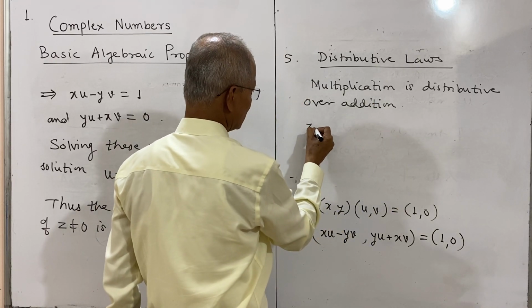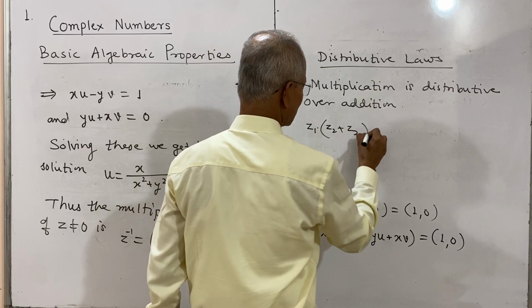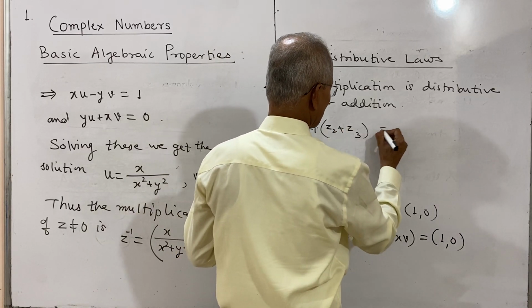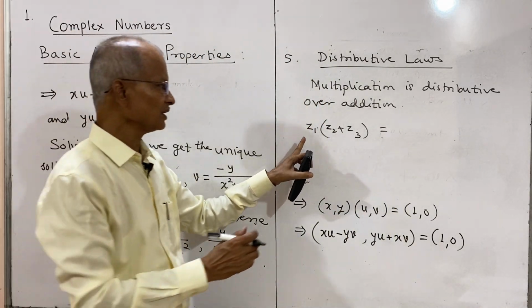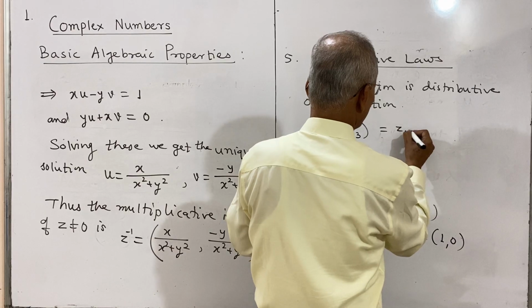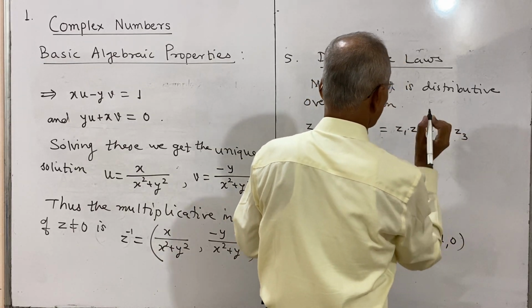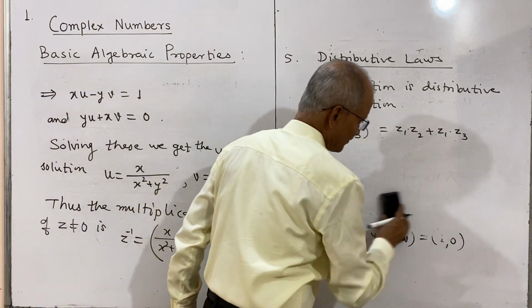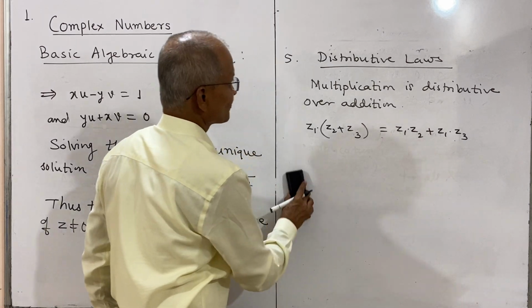That is z1 into bracket z2 plus z3 is equal to z1 into z2 plus z1 into z3. This property holds and can be easily verified, and thus the distributive laws hold.